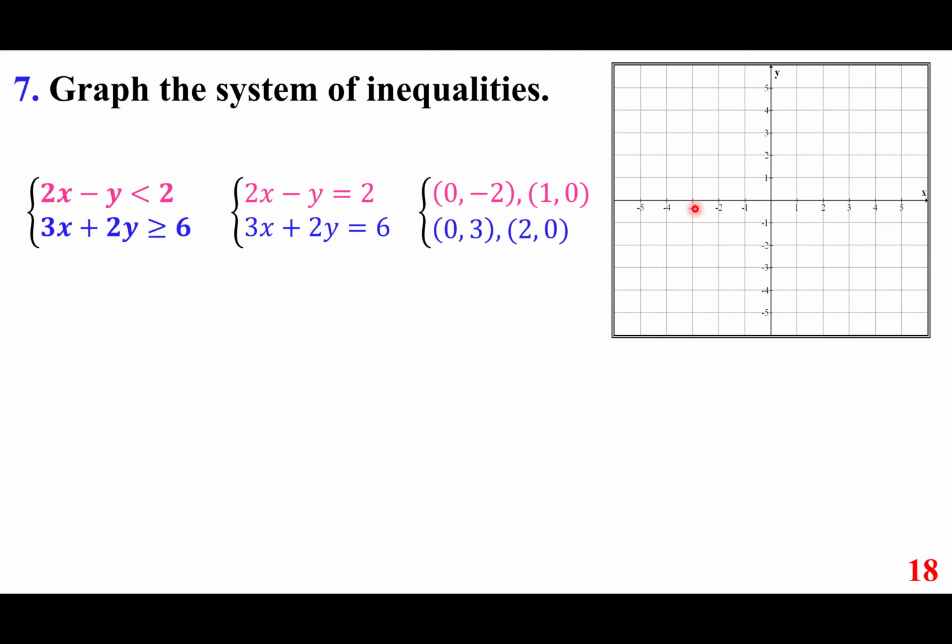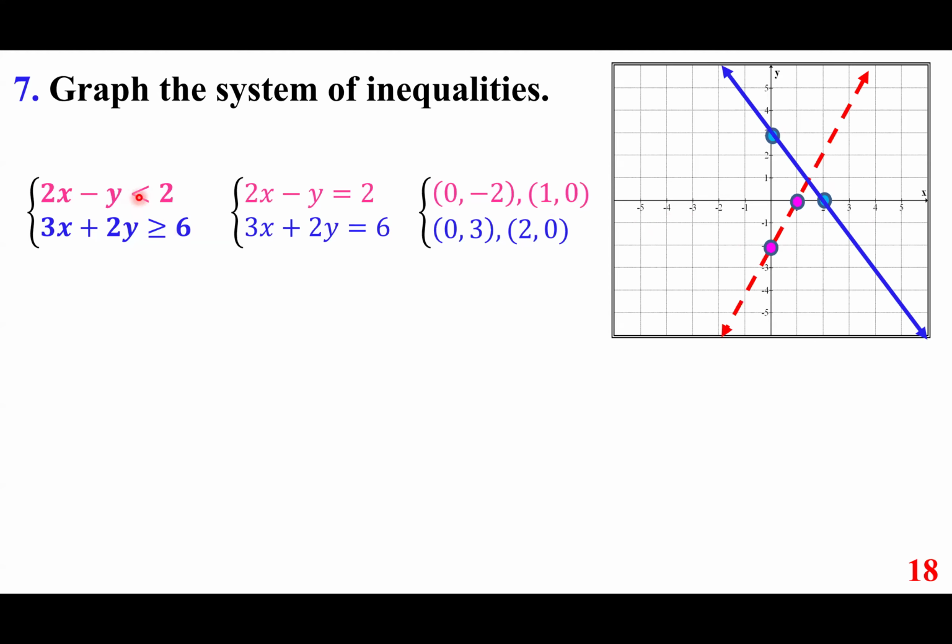So 0, negative 2. So it's here. 1, 0 is here. Connect them, and it becomes the first one. 0, 3 is up here. 2, 0 is here. Connect them, and it becomes this one. Now, we go back to the original inequalities.